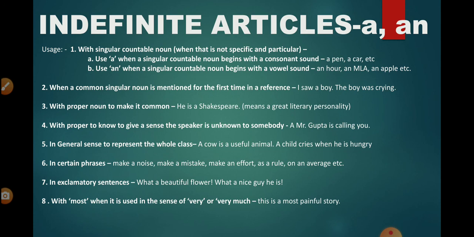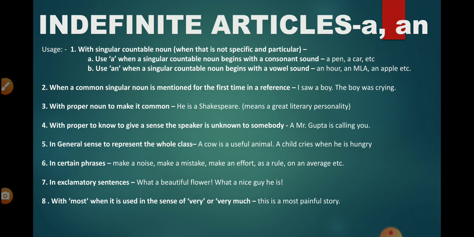In exclamatory sentences like what a wonderful flower, what a nice guy he is, the indefinite article is used. You might have heard these kinds of sentences from your teachers or in society.